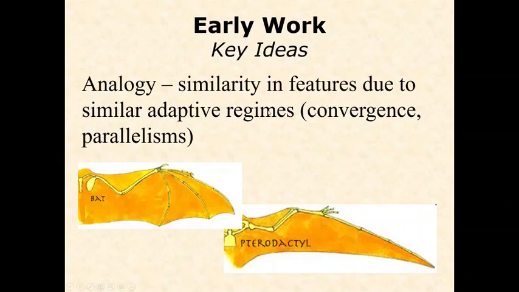If something has arisen via parallelism or via convergence, here's the distinction. Technically, parallelism is where we have identical ancestral structures that then go through identical changes to become the same thing, but it happens independently. That's a very narrow definition, but that is the strict definition of parallelism.